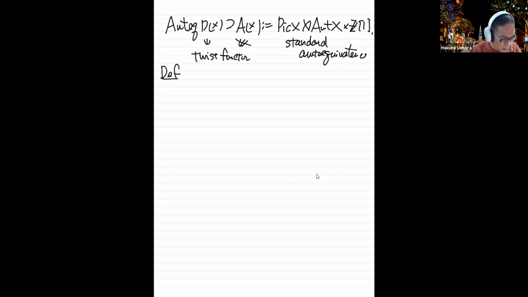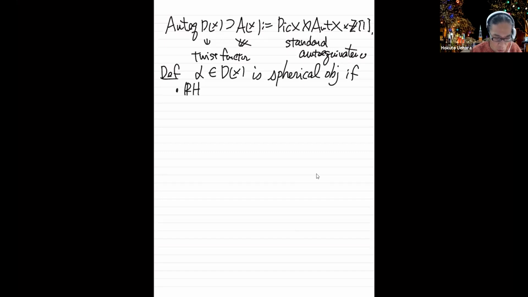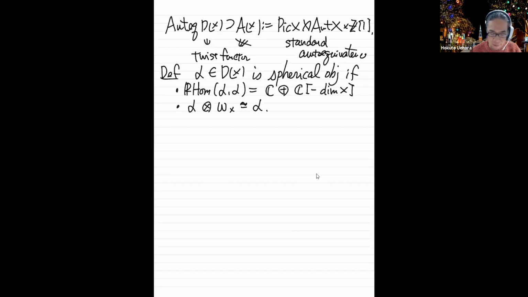So the definition is: alpha is called a spherical object if RHom(alpha, alpha) is C plus C shifted by dimension X, and also alpha tensor omega_X is isomorphic to alpha.